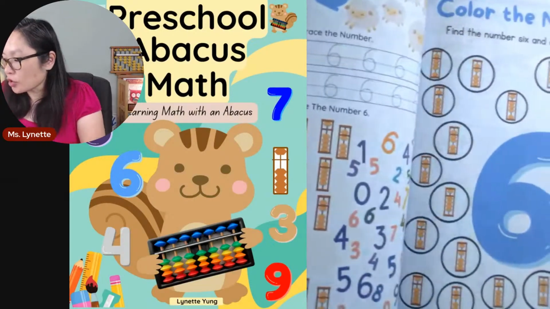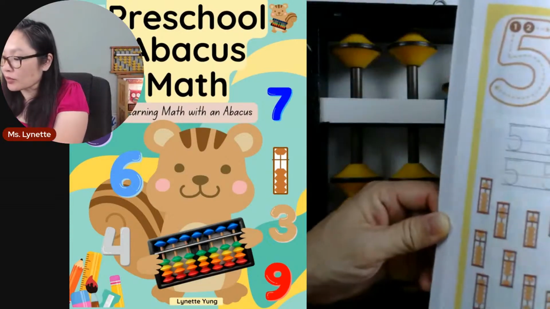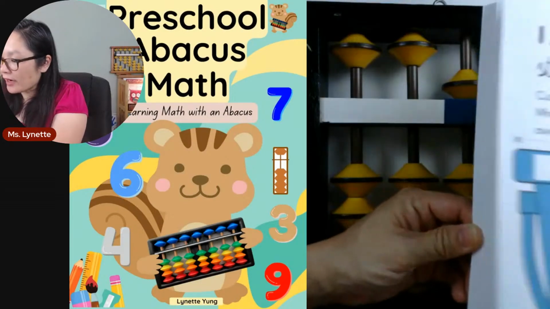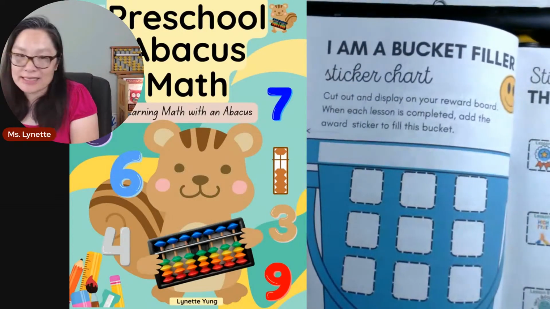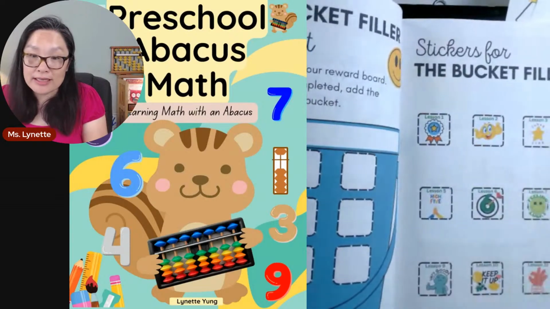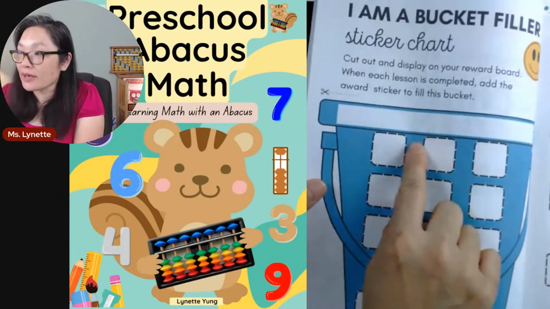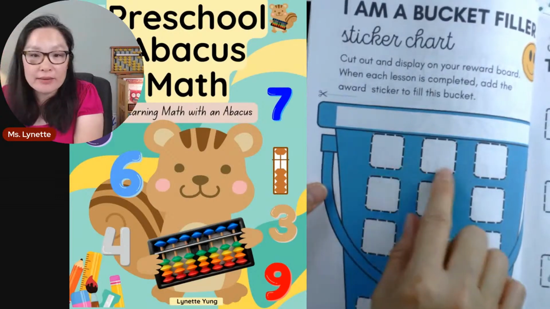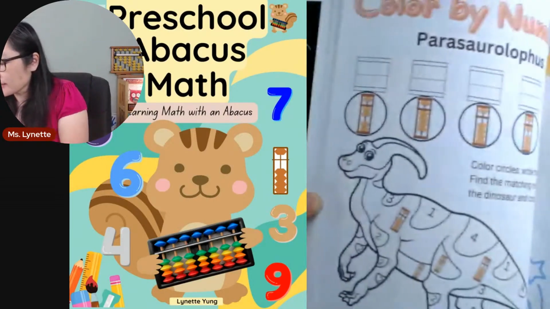So this is just tracing and trying to find the number, and then write the number. This is the 5, and then I added a bucket because every lesson has a sticker. There are 12 lessons in this book, so every time they finish a lesson, they can put a sticker on the book.